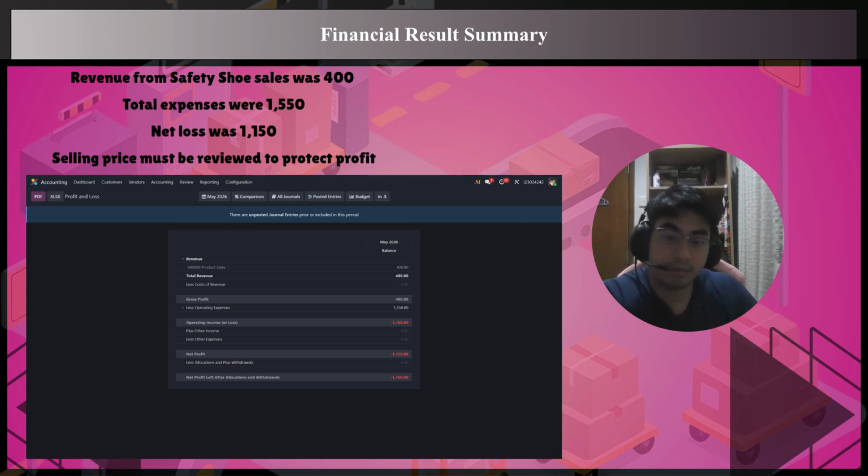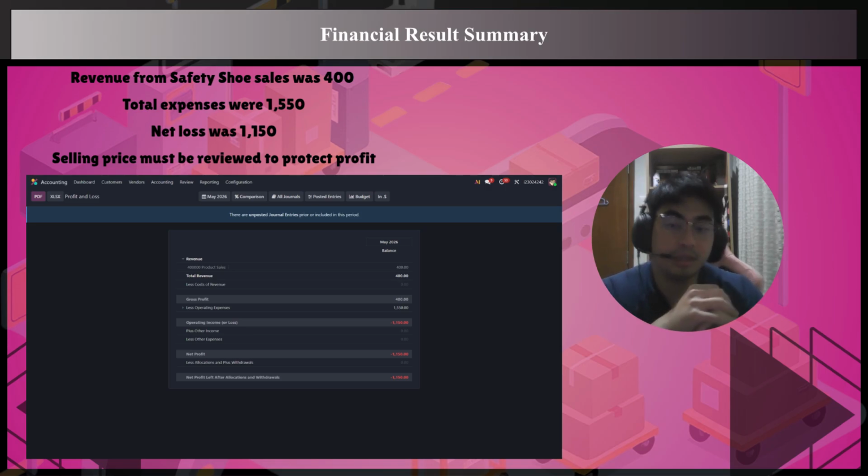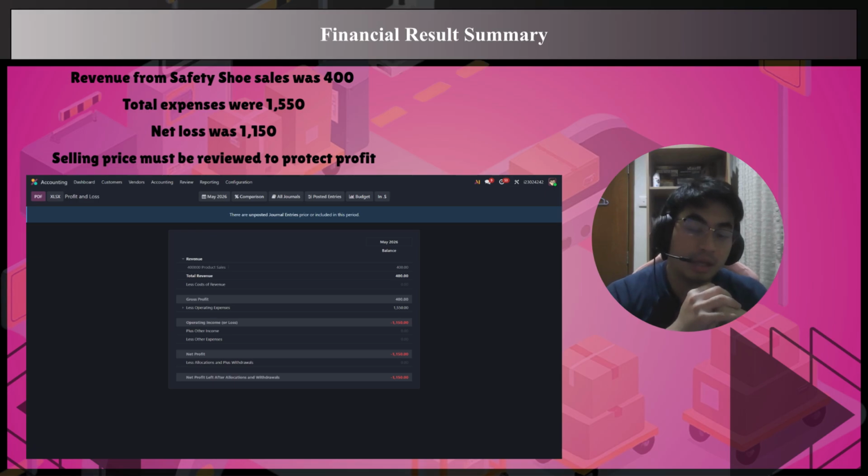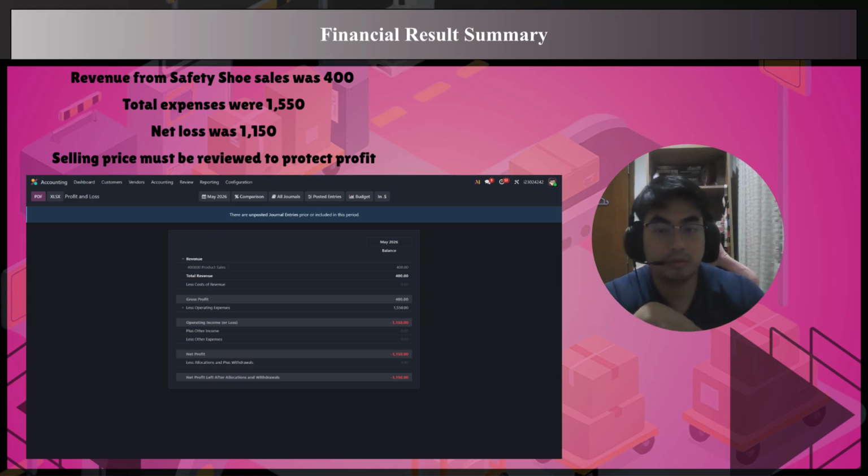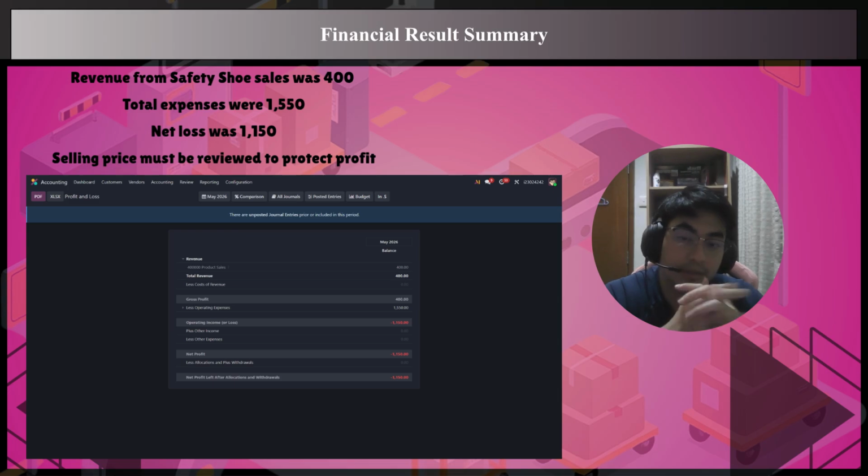This result is very important because it shows that the original selling price was too low. If the company continues using the same price and the same manual system without the Odoo ERP, it may keep losing money, so management needs to review the selling price, raw material costs, and other operations to scale up their business.